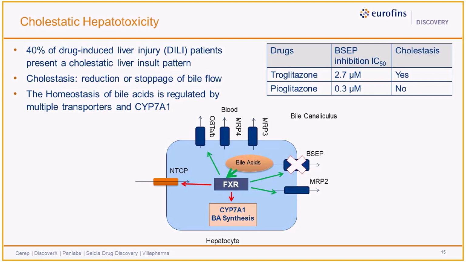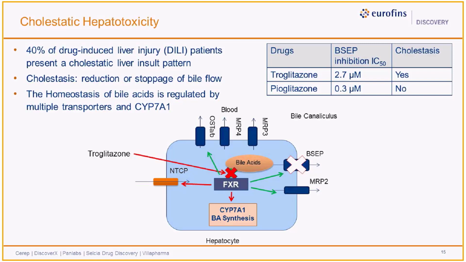The activated FXR upregulates the expression of bile acid efflux transporters such as BSEP, MRP2, OST alpha and beta, and downregulates the uptake transporter NTCP of bile acid, and also downregulates the enzyme CYP7A1, which catalyzes the synthesis of bile acid in hepatocytes. This way, the homeostasis of bile acid is maintained even though the clearance of bile acid by BSEP is blocked. Inhibition of BSEP alone may not cause cholestasis.